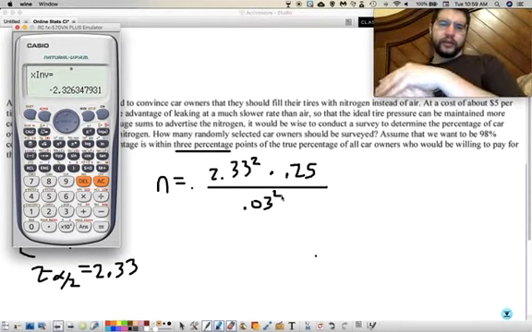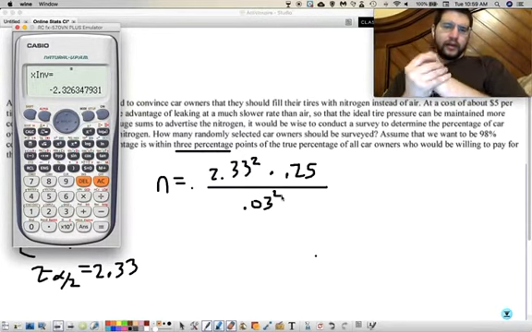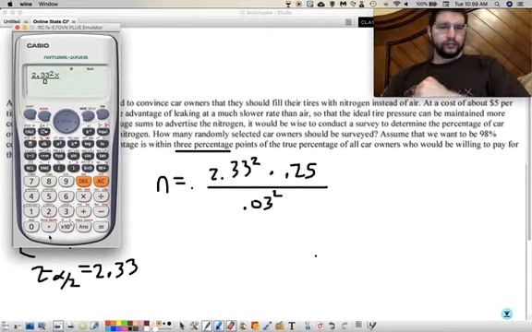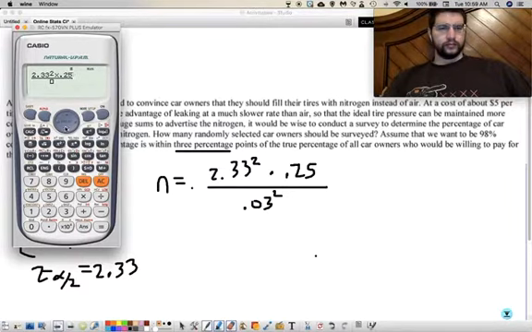So we are going to type this in the calculator. Again, you can use any calculator you want, just type it in. If you don't have math type, use parentheses. If you do have math type, hit the fraction button. And we just hit the equals, and we get, oh, we need a decimal. 1,508.